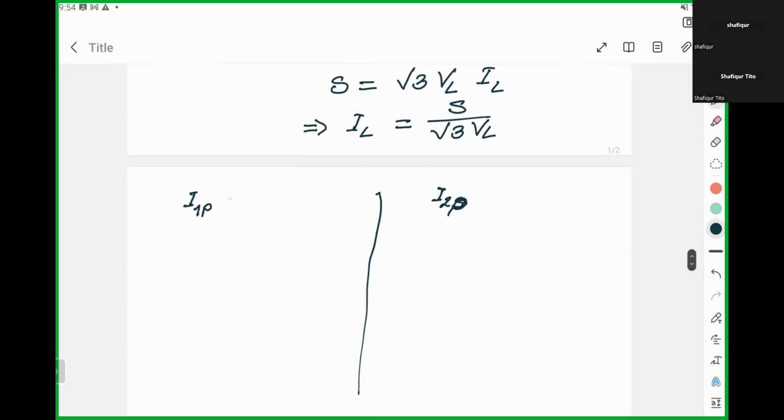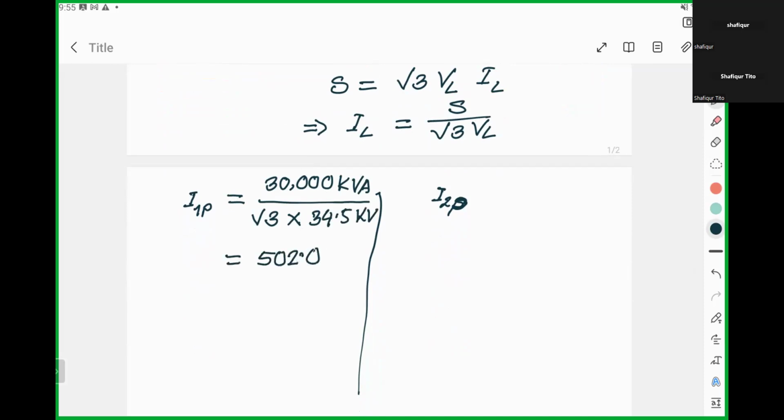So I1P would be equal to 30 kilovolt ampere divided by root 3 times 34.5 kV, and that will give us 502.044 ampere.